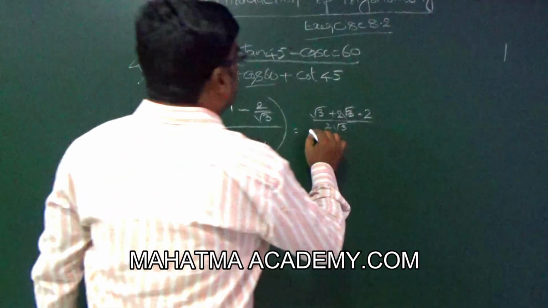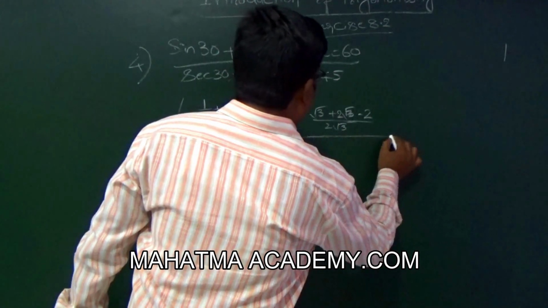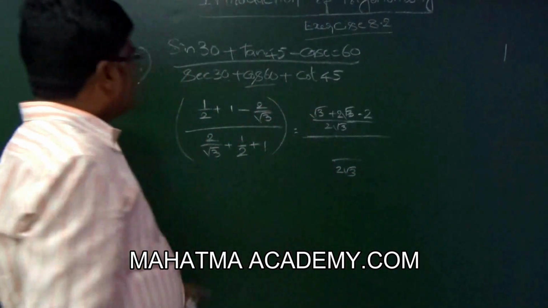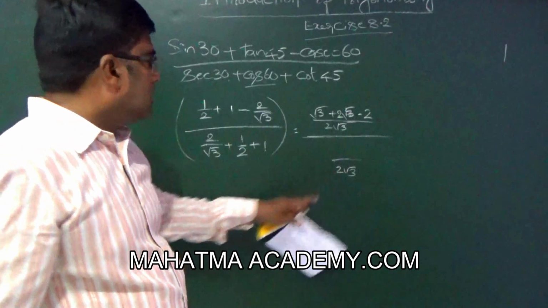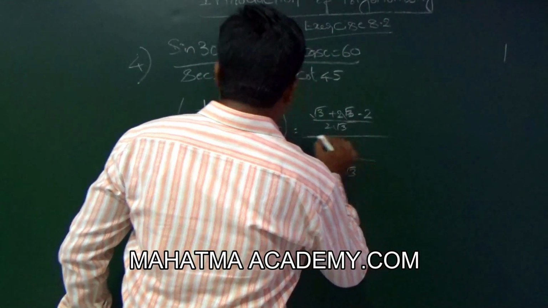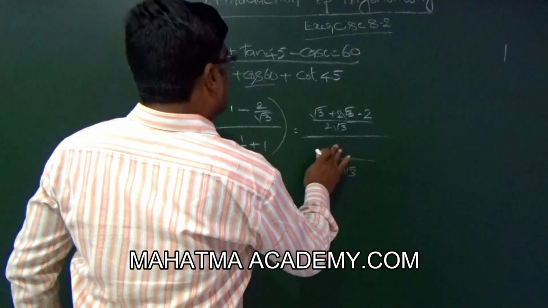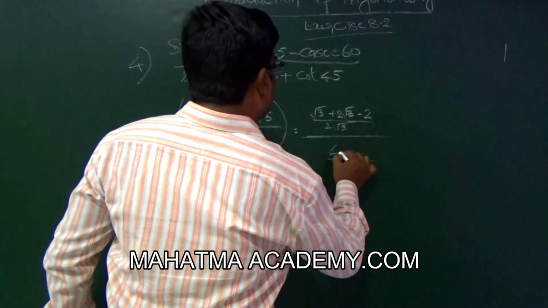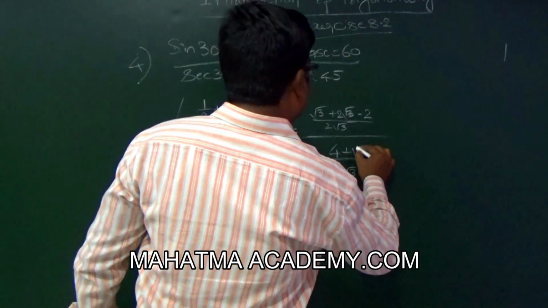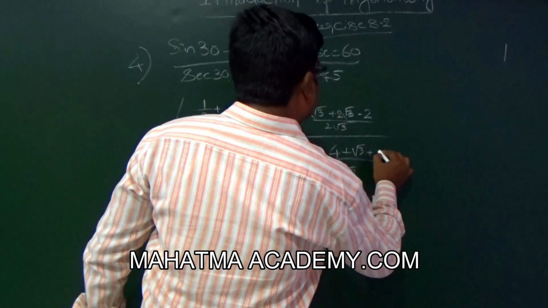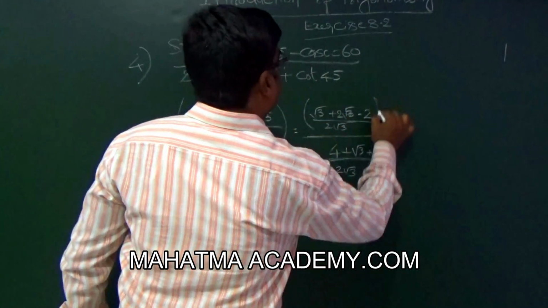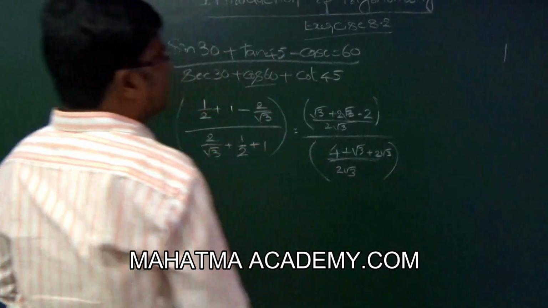What about the denominator? In the denominator also the LCM is 2 root 3. We will get 4 plus root 3 plus 2 root 3. This is the numerator and this is the denominator.